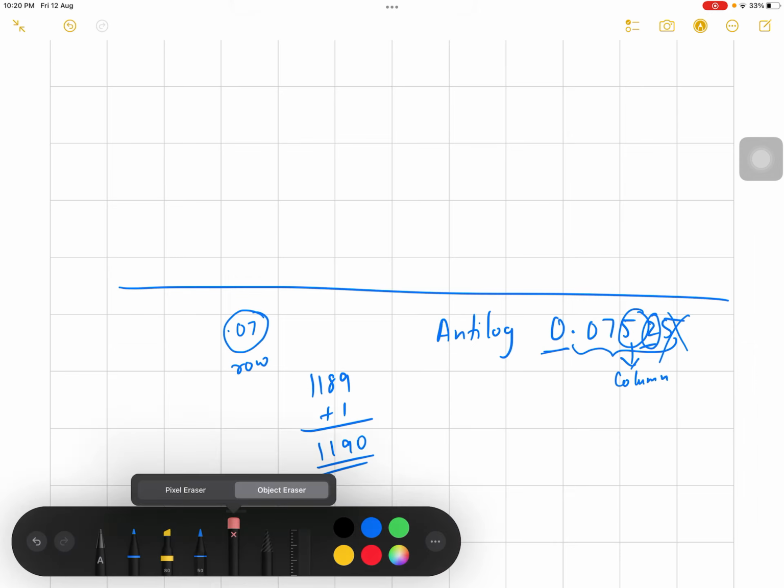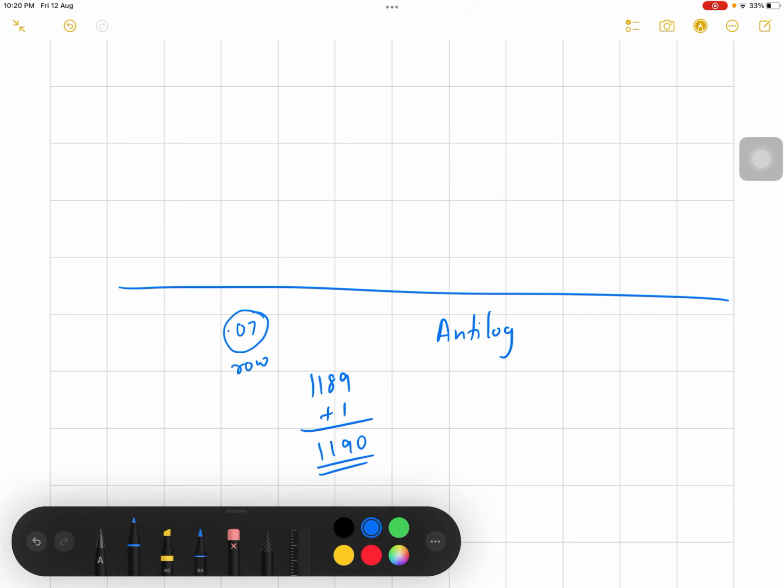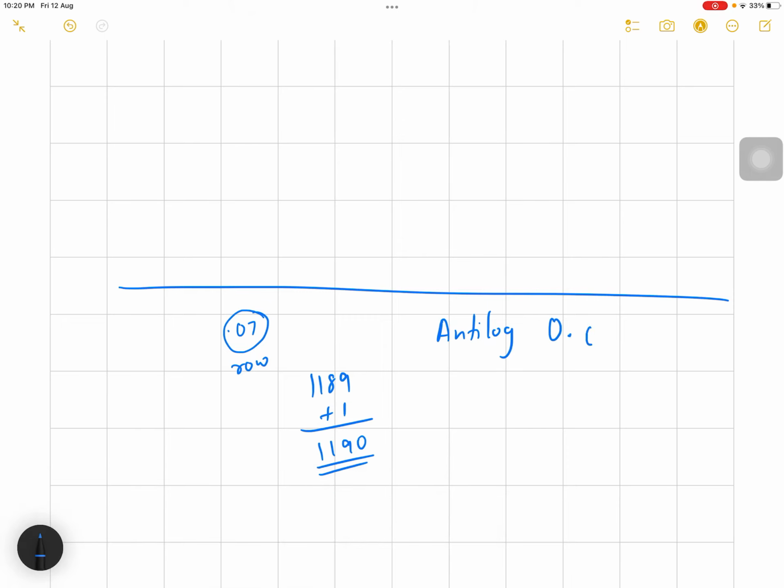When you are calculating antilog of 0.07525, you will see only the digits after the decimal point. Row 0.07, then column 5 and mean difference 2.